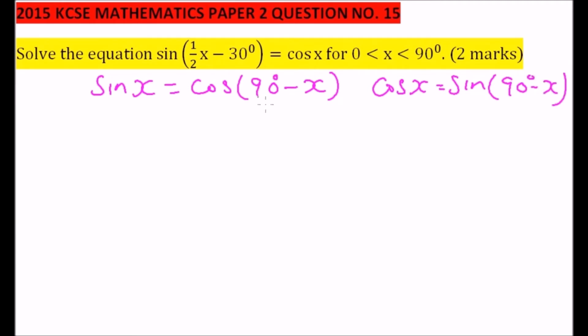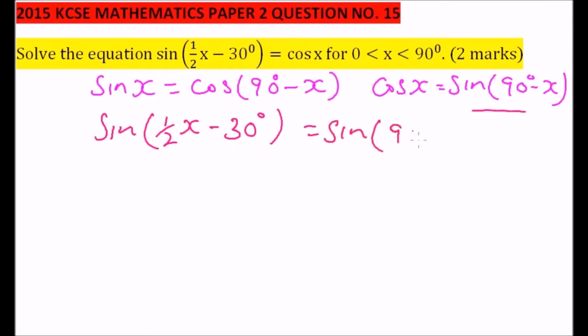These are degrees, and therefore we can say that sin into bracket half x minus 30 degrees is equals to, instead of cosine, this is the same as sin 90 degrees minus x. Okay, so we now have managed to express both sides in terms of sine.